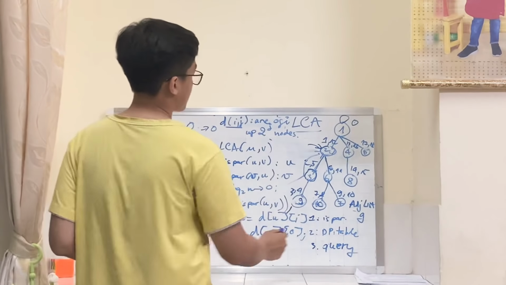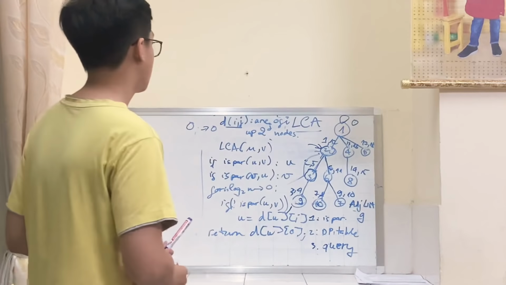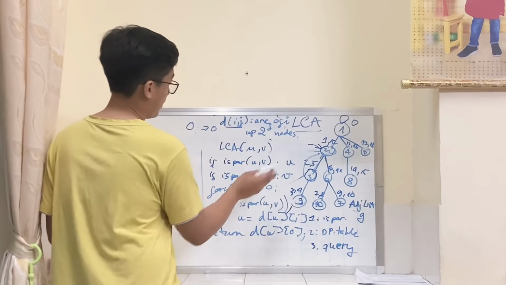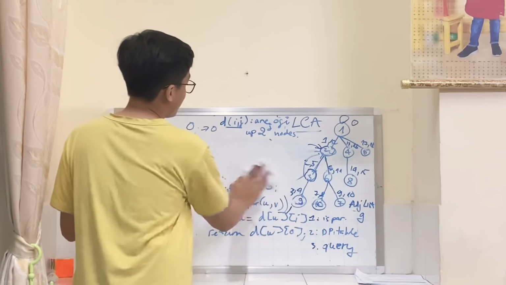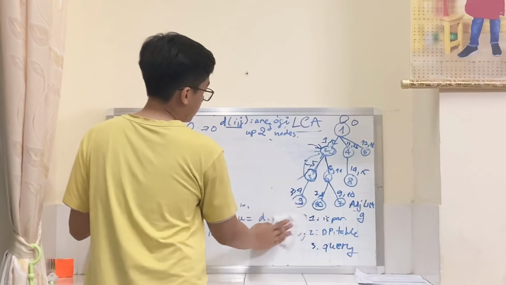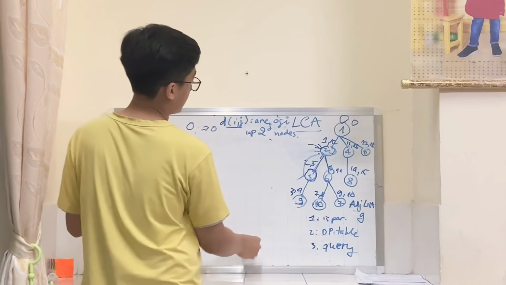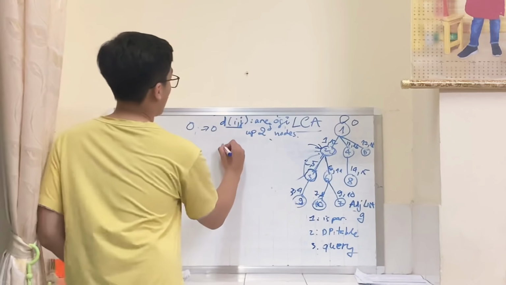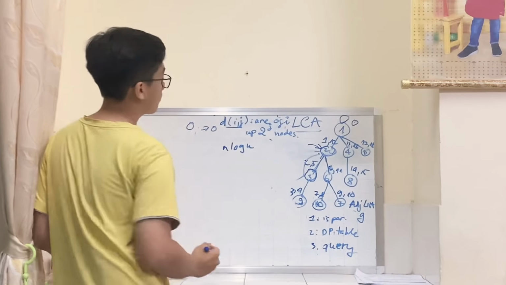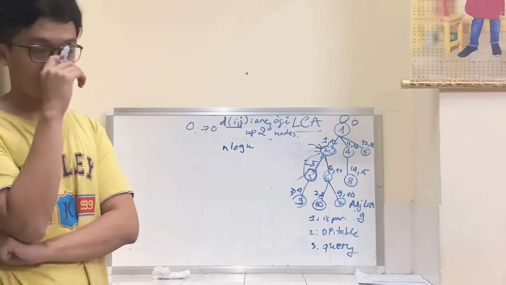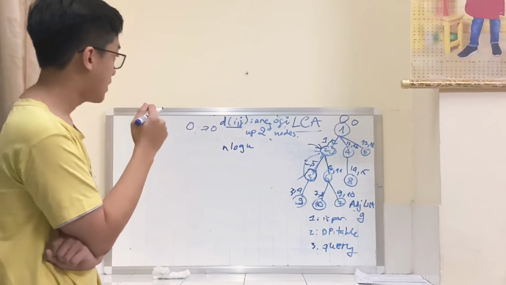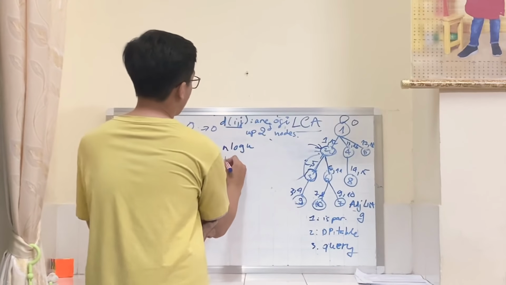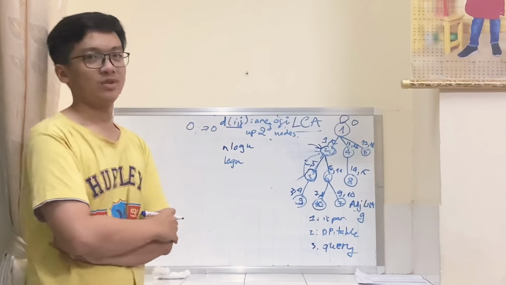So it takes three steps to solve the LCA problem, and the time complexity of this, by building the table, will take n log n. We precompute the table with n log n complexity, and querying will take log n, which is acceptable. Yeah.